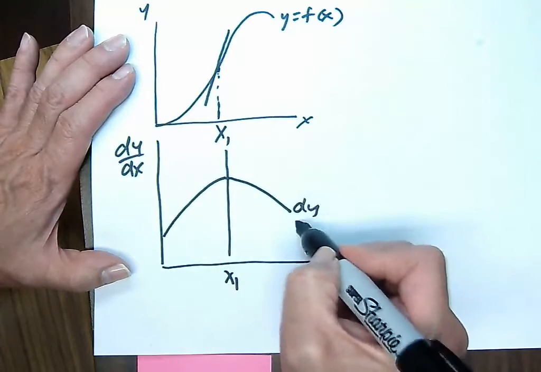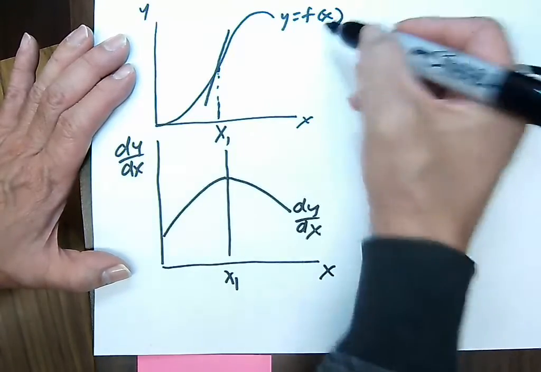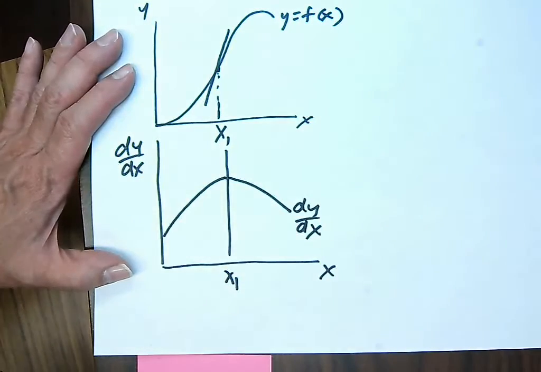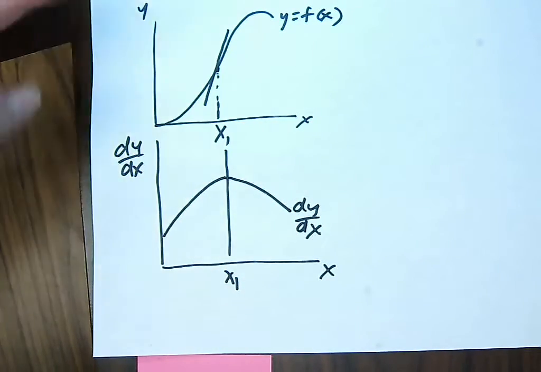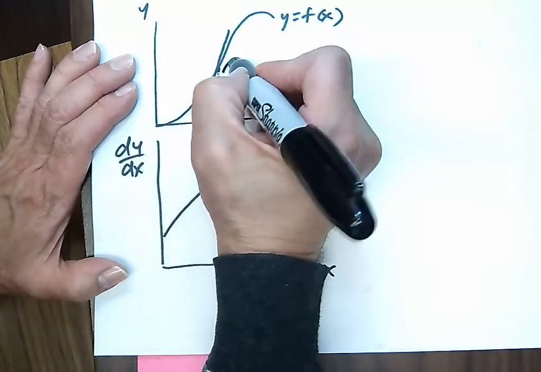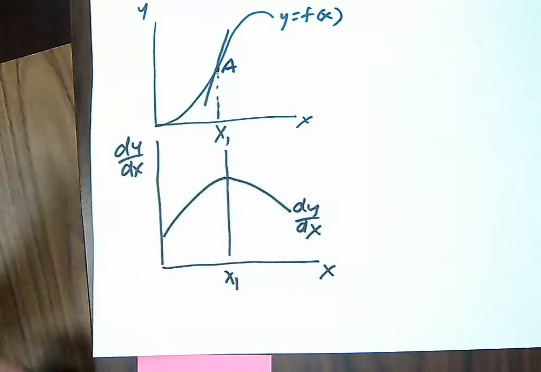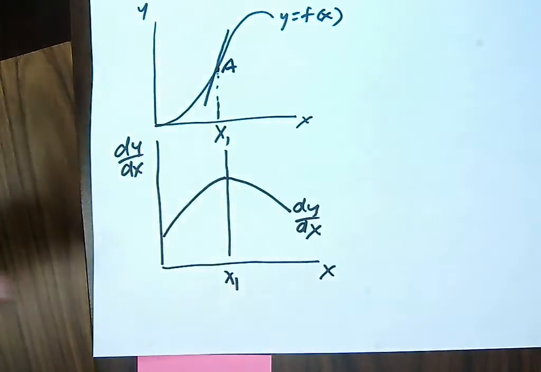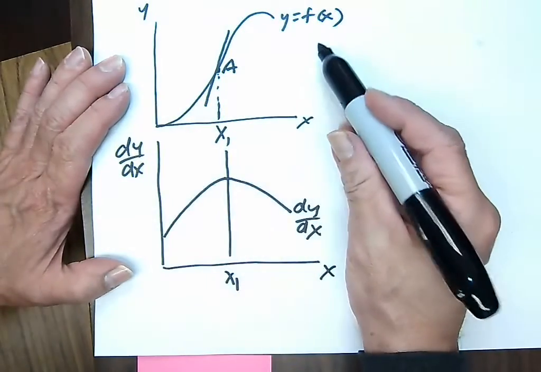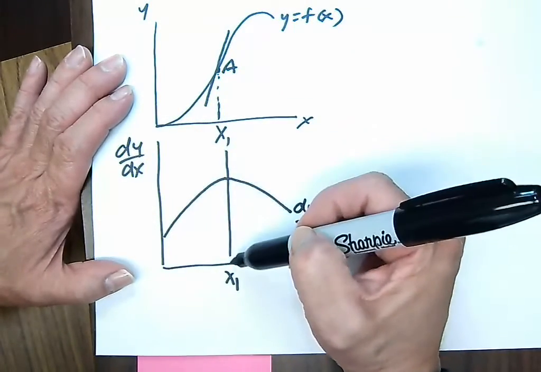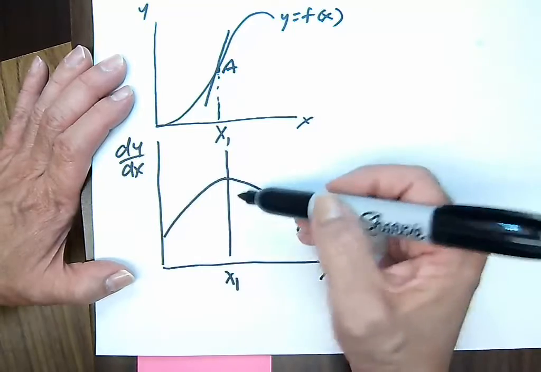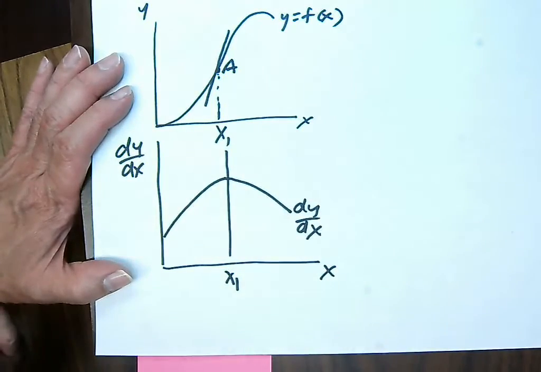So here's the graph of our derivative function of our original function, y equal f of x. Why is this point A on the original function, what makes it an inflection point? Well, what makes point A an inflection point on our original function is that at the same value of x, the derivative function, in this case, reaches a maximum.